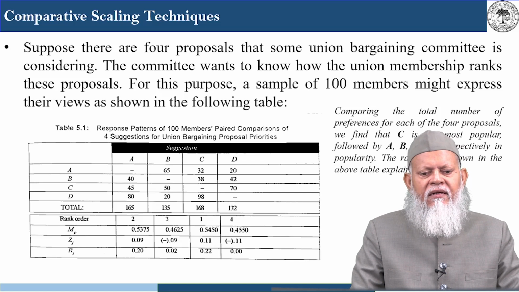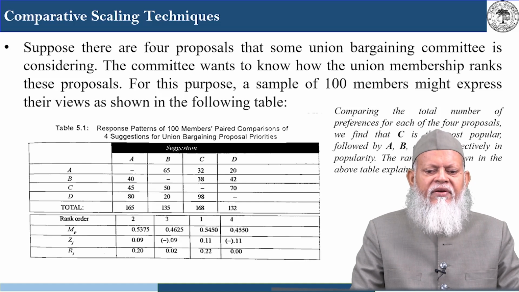So if we add 0.11 to 0.09, it becomes 0.2. If we add 0.11 to minus 0.09, it becomes 0.02.